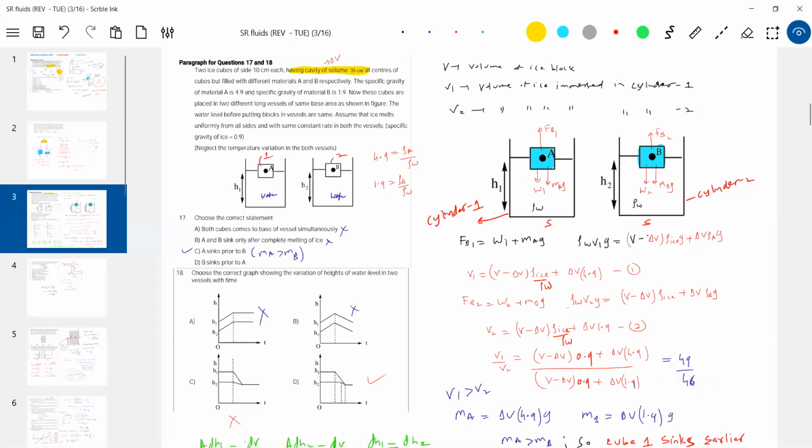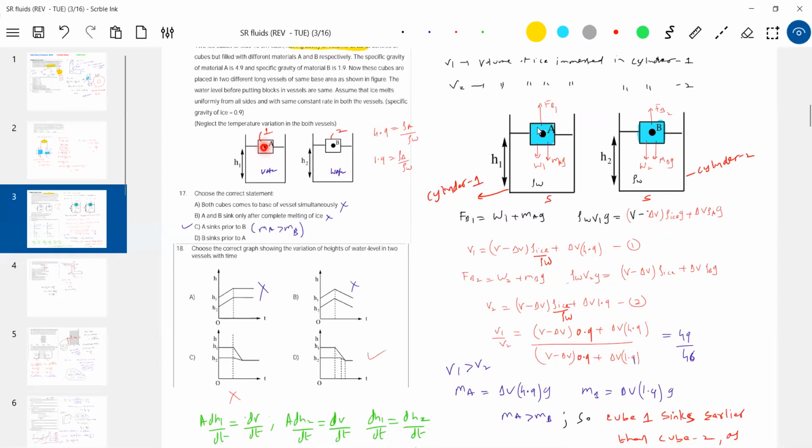Fine. Okay, let's come to this one. Now, both will melt, no? The ice will melt here. Then MA is greater than MB. How can I say? Specific gravity of material A is greater than this one. So the ice will melt uniformly, at the same constant rate in both vessels, uniformly from all sides. Since MA is greater than MB, which will first sink along with ice? The material A will sink, no? Some amount of ice and material A will be present.